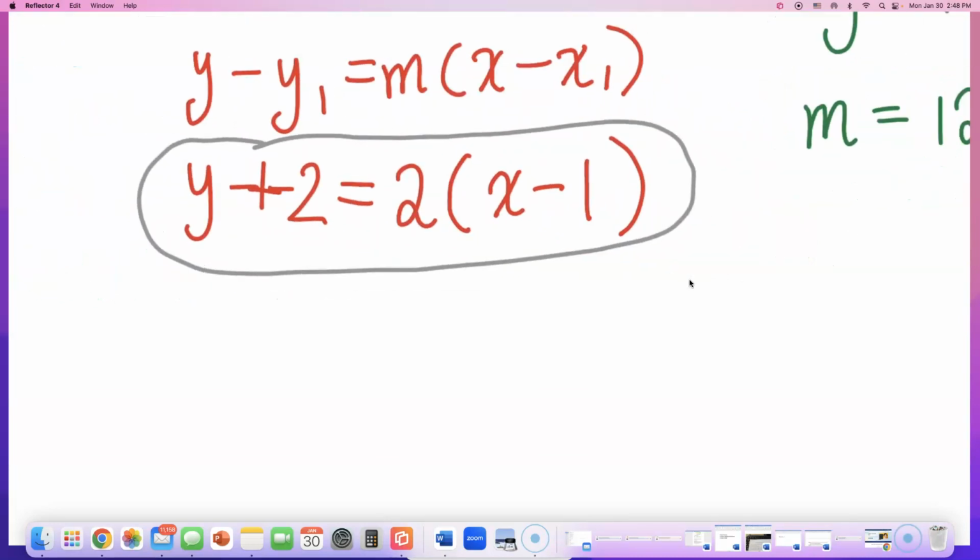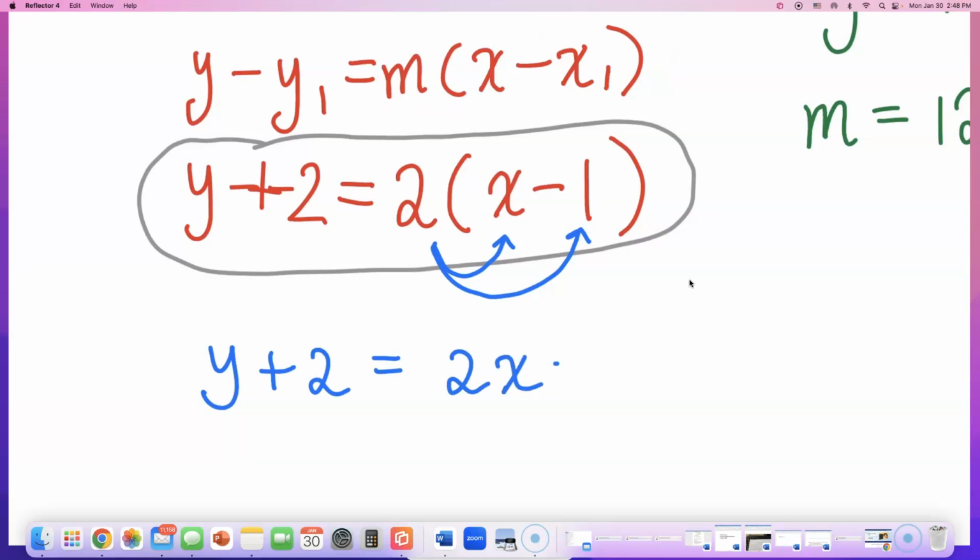Or you can go on and write this in slope-intercept form. If you want to do that, you distribute. You get y plus 2 equals 2x minus 2. Lastly, subtract 2 from both sides to have y by itself.